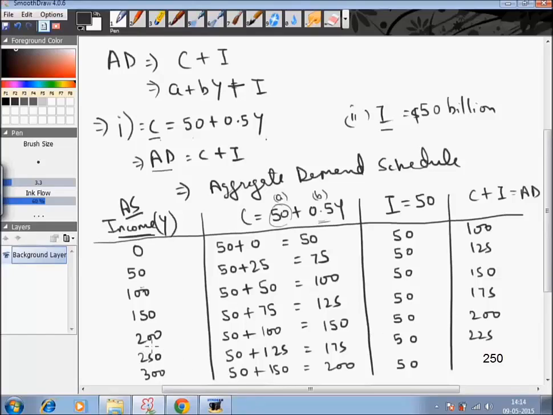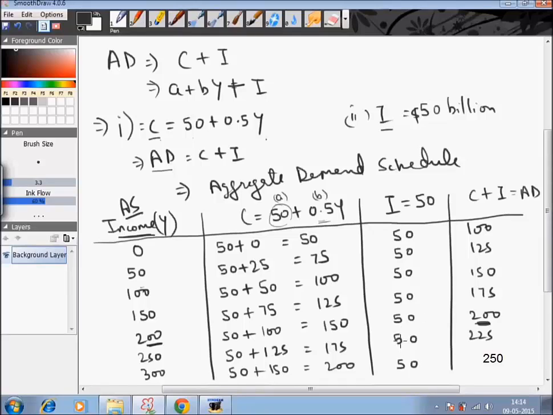You can see that at the income level of 200, our aggregate demand is also 200. So this is the equilibrium point, where AD is equal to AS. This is how we determine the national income through a schedule.